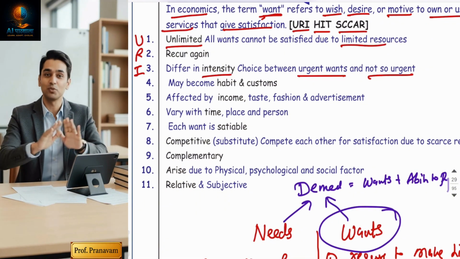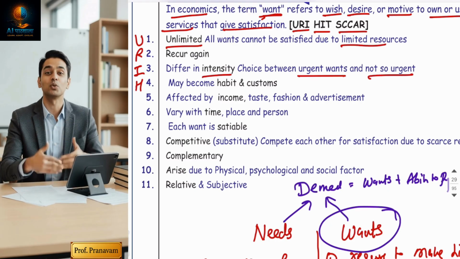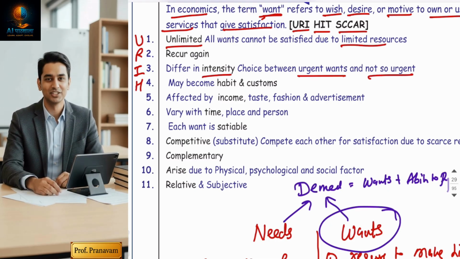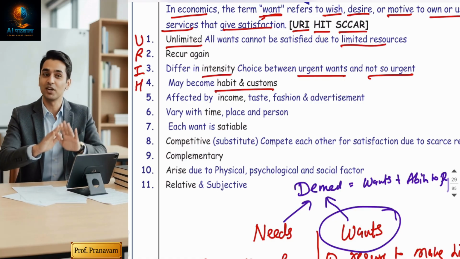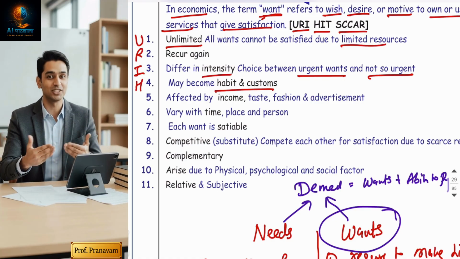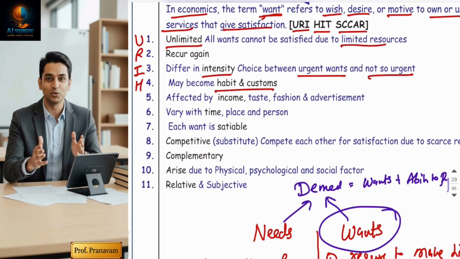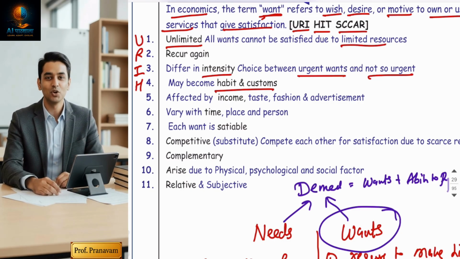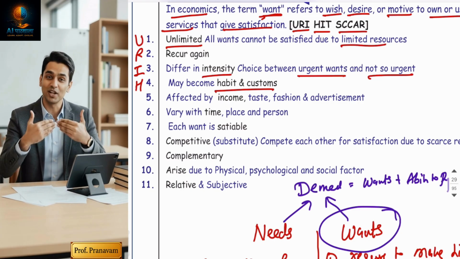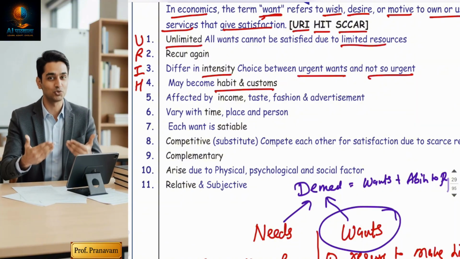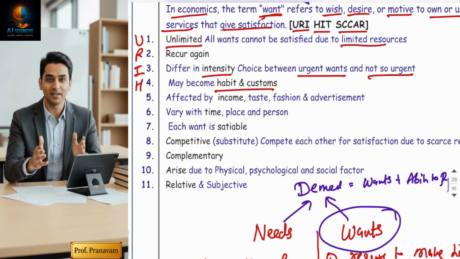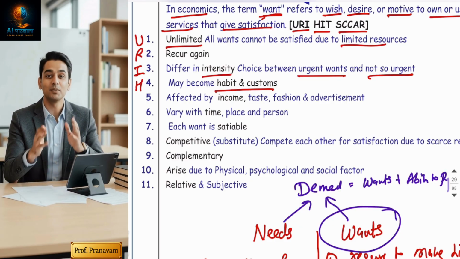Then H. Guys, wants may become habit and custom. Liquor, cigarettes. Now, habitual things. Guys, wants may become my habit, and then I need it. Right, so it's a want. It may become my habit. Customs. Custom means it is a tradition.